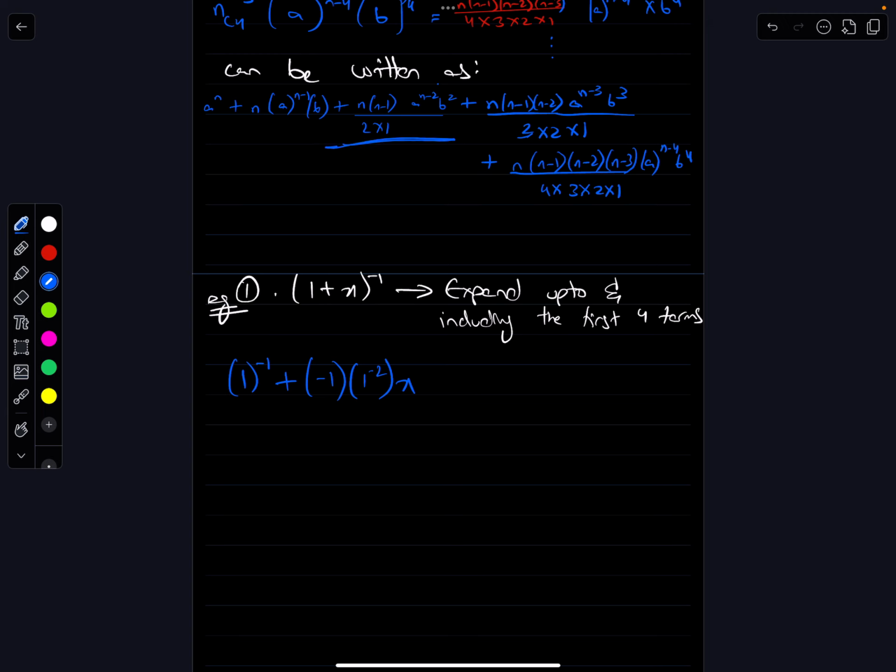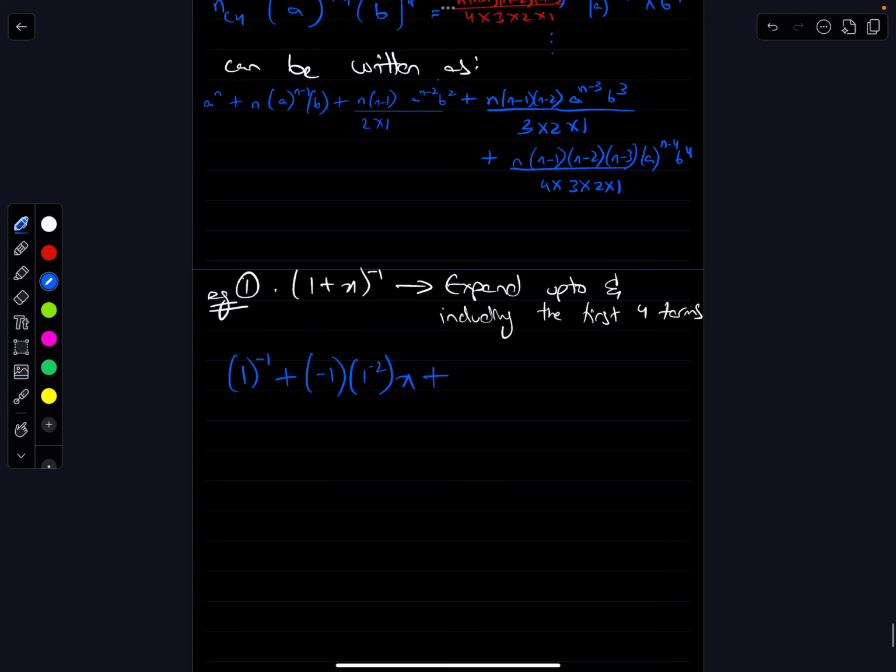Then I'll have to write the third term like this. That is minus 1, minus 2, 1 to the power minus 3, and x squared. This is the term with NC2.